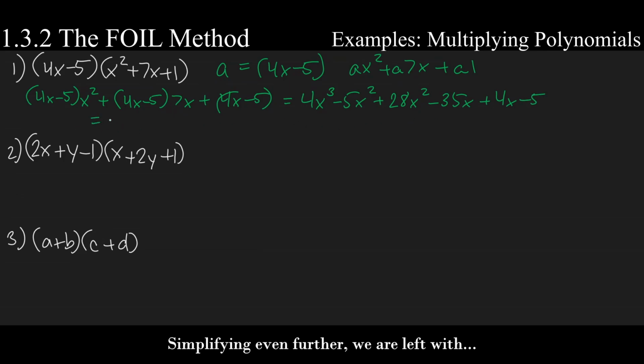Simplifying even further, we are left with 4x cubed plus 23x squared minus 31x minus 5.